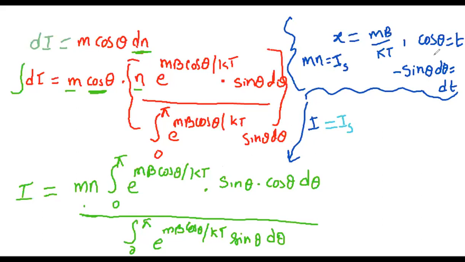Cos pi is minus 1, right? So we have to apply the limits. We have to change the limits now into minus 1 to 1. We are changing the limits from 0 to pi to minus 1 to 1, because we have completely converted to t. So we are doing everything in t.